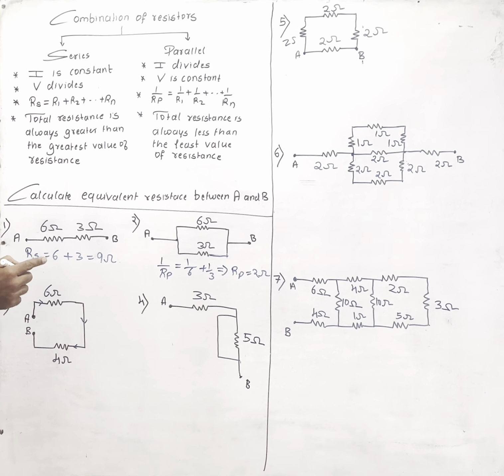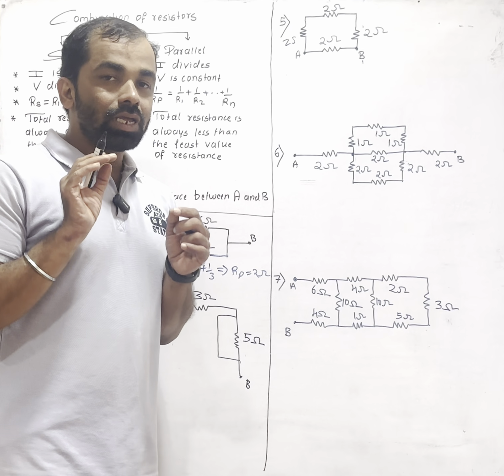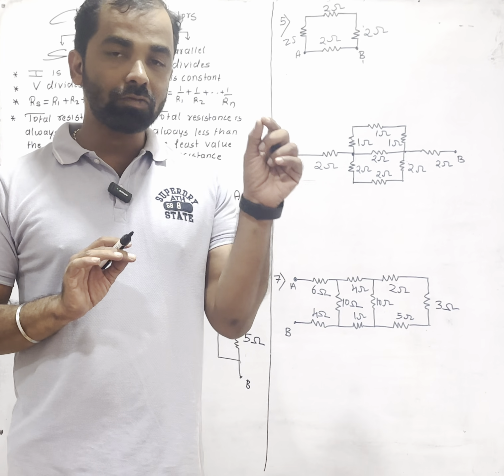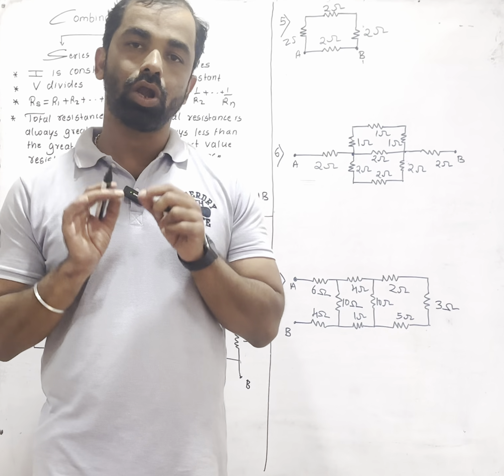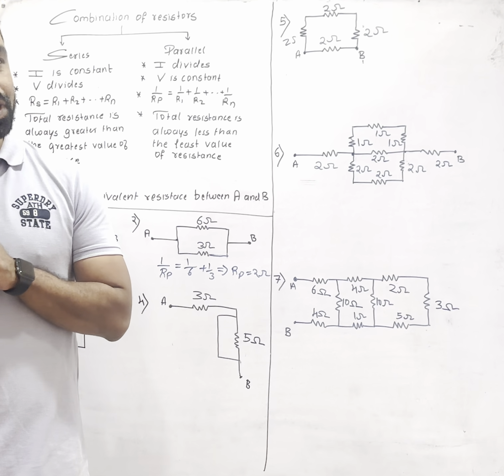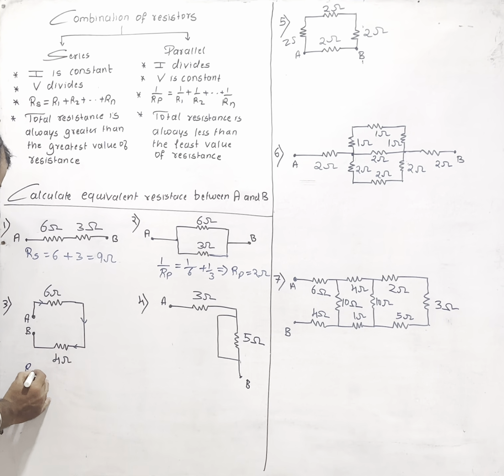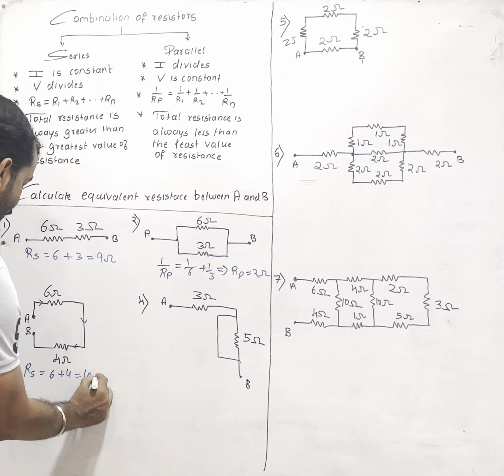Though they look parallel, current is not splitting. That means they are in series. So remember, in this kind of combination, you don't have to look at the figure. You have to see whether current is splitting or not. Here current is not splitting, that means they are in series only. So total resistance Rs will be 6 plus 4, that is 10 ohm.